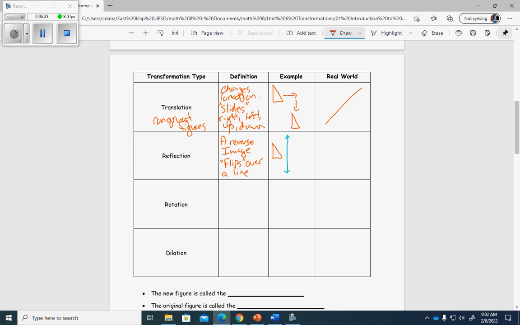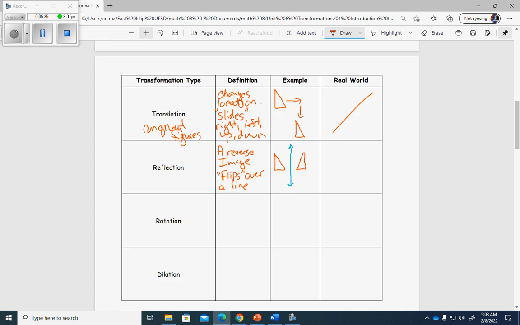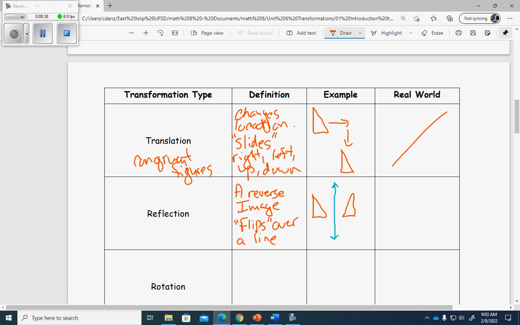Remember, it's a reverse image, so the triangle would be more like this. And again, I'm drawing it the best I can. I know it's not perfect. I'll make it a little bigger. Maybe that would make it easier for me. So it's a reverse image. It flipped over that line. A real world situation would be like a mirror.